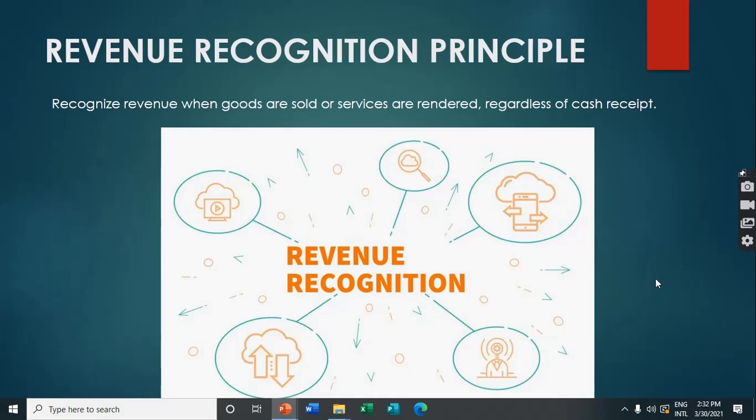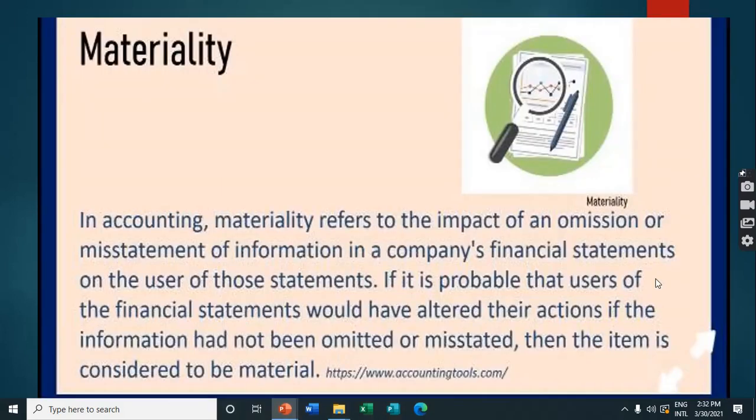So, ano pa yung mga accounting principle natin? Yan, we have the materiality principle. So, ano bang sinasabi ni materiality principle? So, in accounting, materiality refers to the impact of an omission or misstatement of information in a company's financial statements.